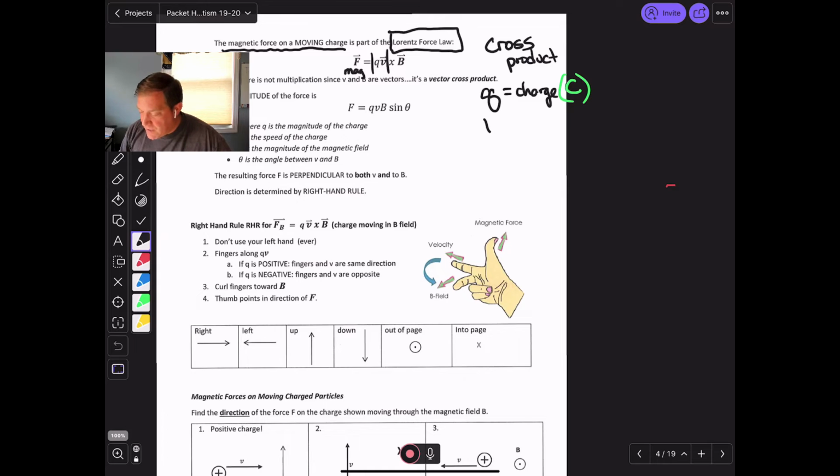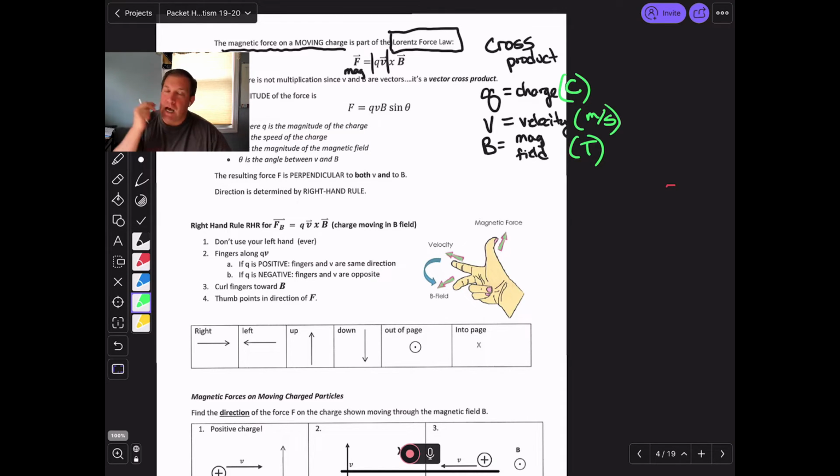And then v is the velocity. How fast are they moving? Remember, they have to be moving, and that's going to be in meters per second. Well, when you cross it with a B field, remember B field is a brand new symbol for the magnetic field, mag field, and its unit is the tesla, you end up getting newtons of force. Tesla is actually not a pure unit, it's a derived unit, and we could go into that if you're interested.